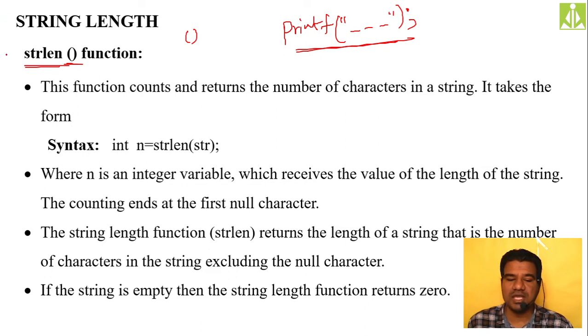Now if you see the syntax of this function, as it is going to return the number of characters present inside your string, the return type is an integer. Return type means what this function is going to return after performing its manipulation operation.